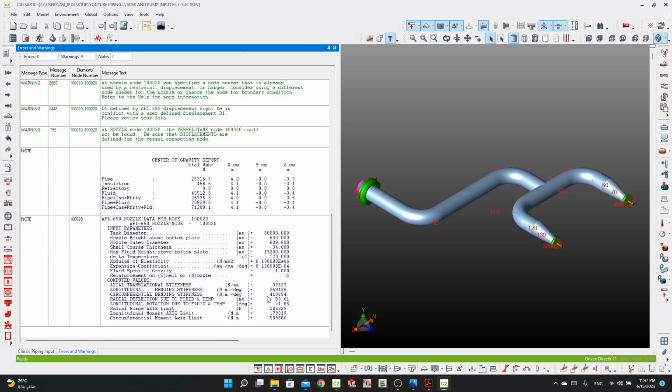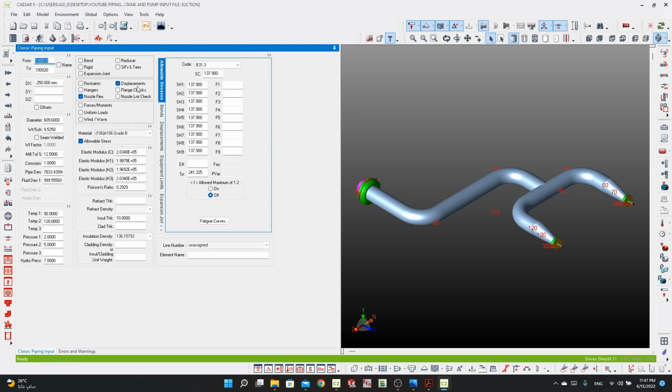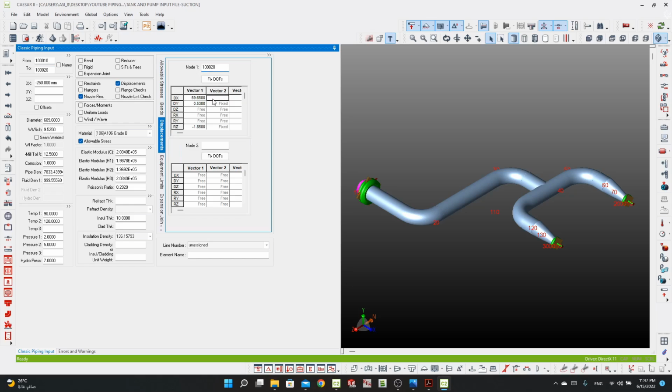You will have the thermal growth calculated for you here, which is 83.61. The rotation is the same, there's no difference in rotation, but it will be on the W, the thermal growth. So we go here and put 83.61.